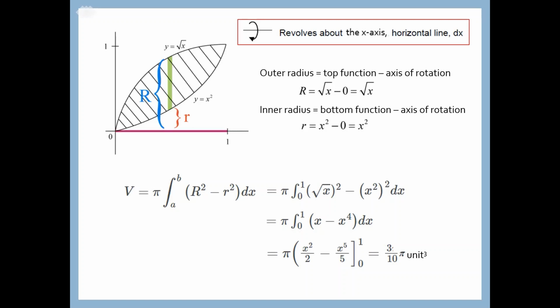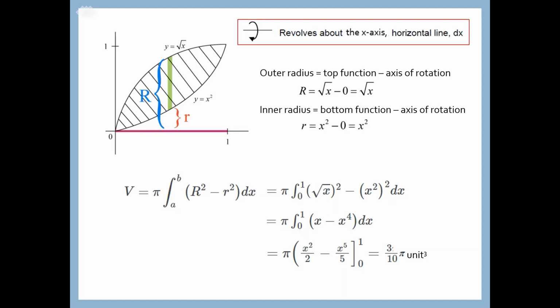Here, the outer radius is equal to square root x minus 0, and the inner radius is equal to x squared minus 0. Therefore, square root x squared minus x squared is equal to x minus x to the power of 4. So, this is the function that you need to integrate.